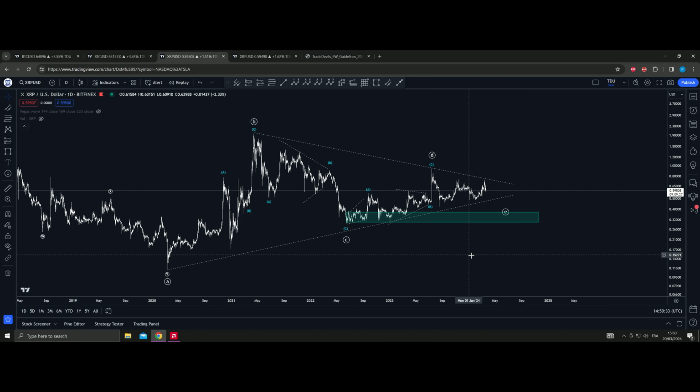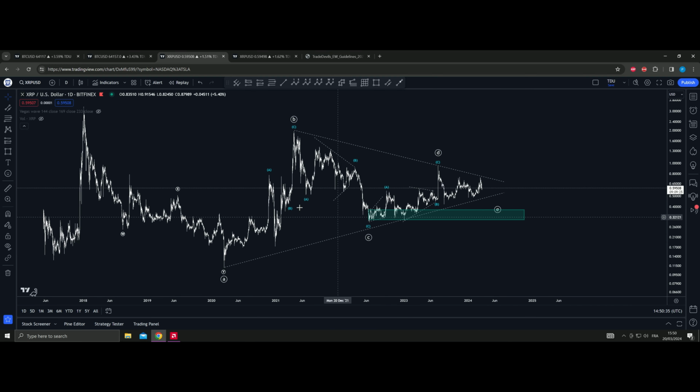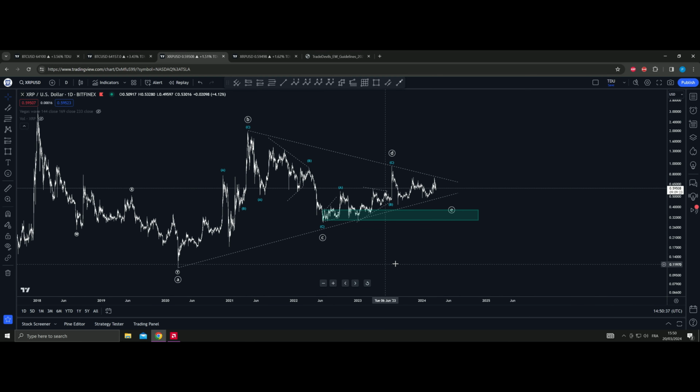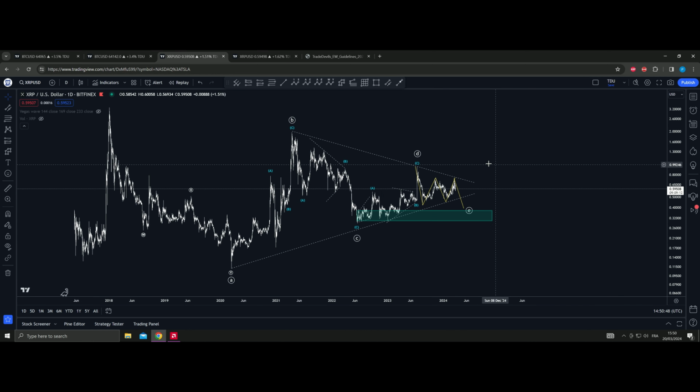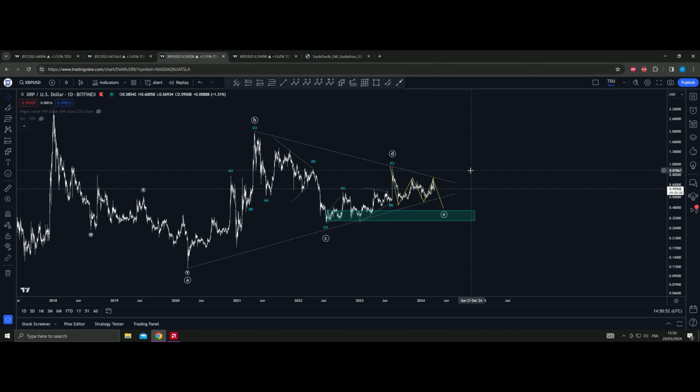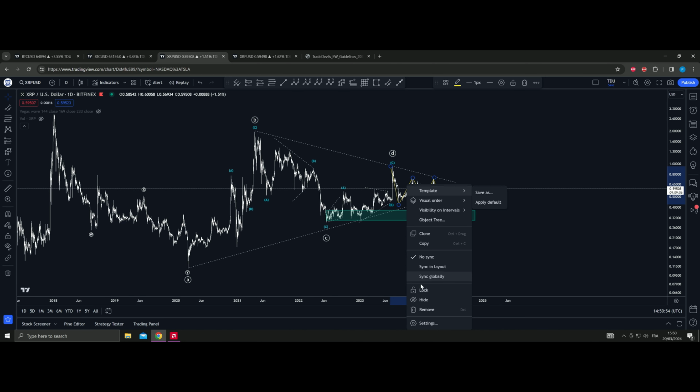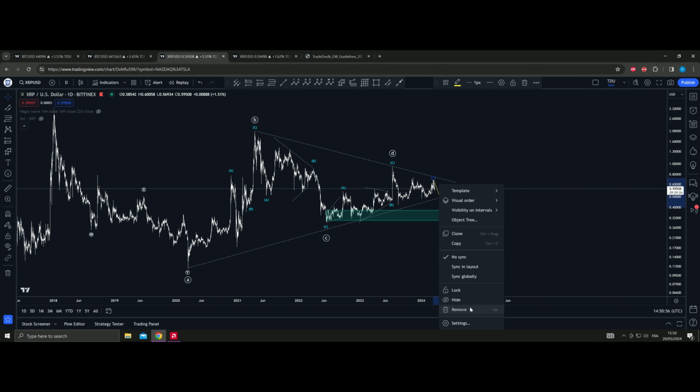Now, from what we saw earlier here, the most logical conclusion would be a drop, a sideways, and a drop, right? All this would complete a triangle. That's what logic tells me.